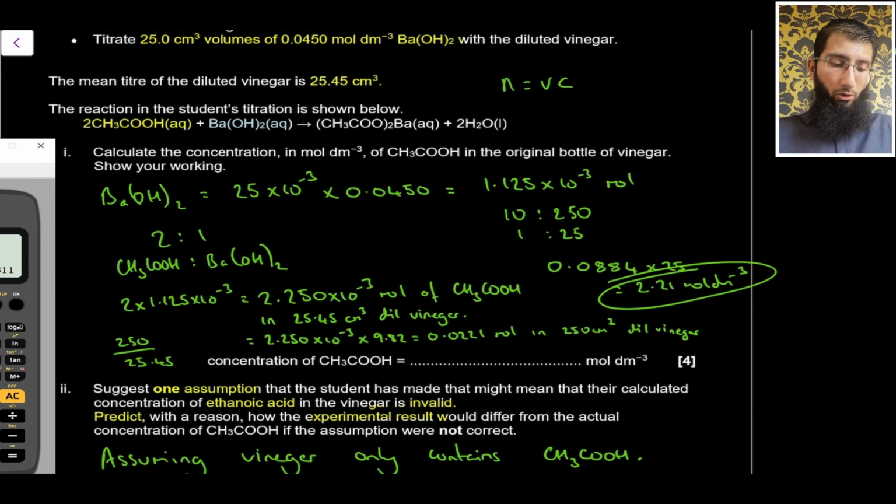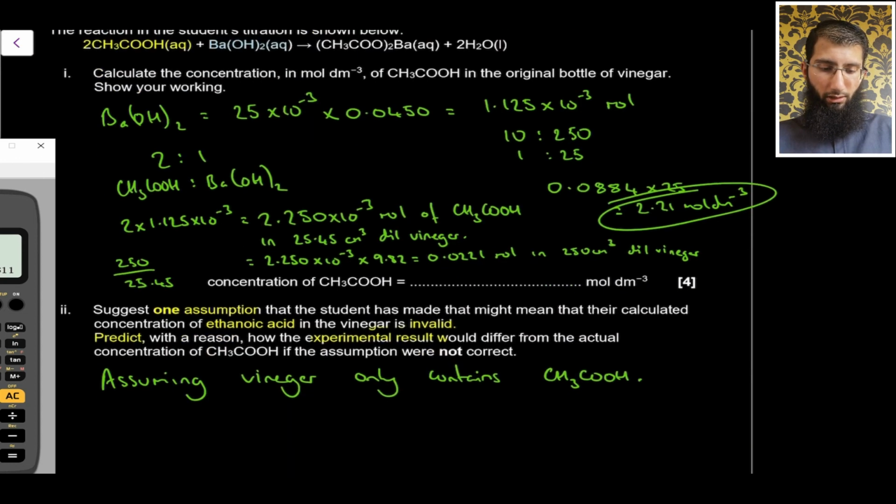So if we've got more moles of acid, then the concentration of the acid is also greater. Therefore, the experimental result would be greater than the actual result that we've calculated earlier.